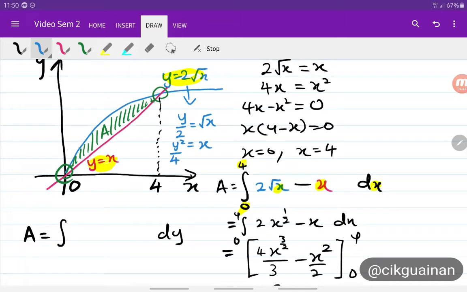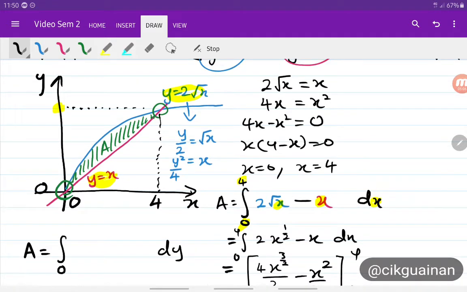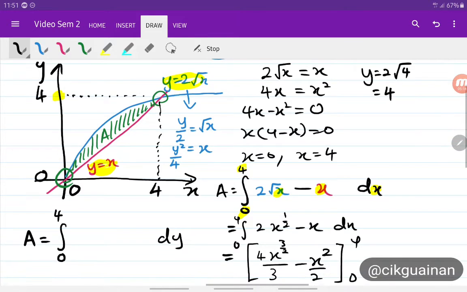Now, we also have to find the limits. We know the lower limit is 0 if we want to do it with respect to y. We also have to know the upper limit, so we substitute 4 inside the function, so y equals 4. So this one is also 4, the same limit coincidentally.